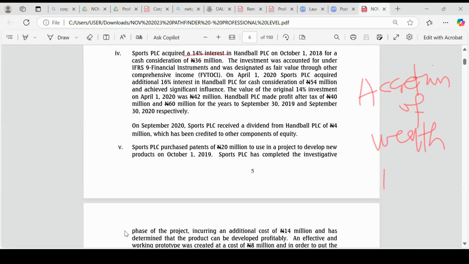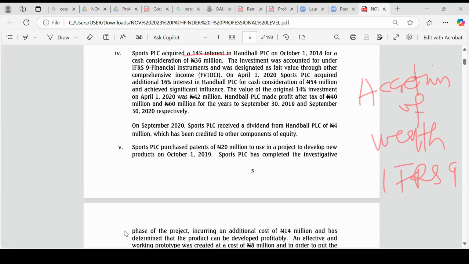It will be under the scope of IFRS 9, but we know that IFRS 9 would always have three options. There's amortized cost, there's fair value through P&L, there's fair value through OCI. All right. Now, particularly for equity, it's going to be one of the last two. Either we are doing fair value through P&L or fair value through OCI.